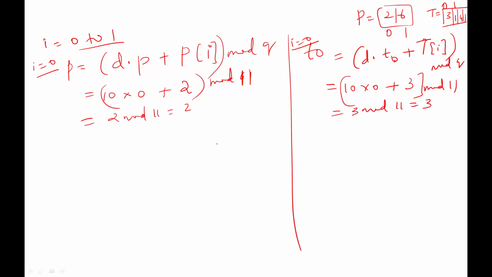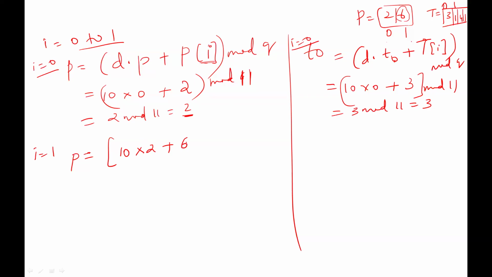So what is the next step? Is it over? No. What is the loop? The loop has to run 2 times till the end of the pattern length. What is the pattern length? It is 0 and 1. That is 2 times you have to run. Now when I is equal to 1, P will become the next one. The previous P was 2. So it will become 10 into 2 plus the second character here. What is the second character? It is the 6 here.